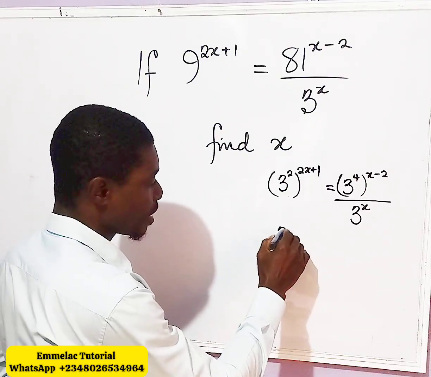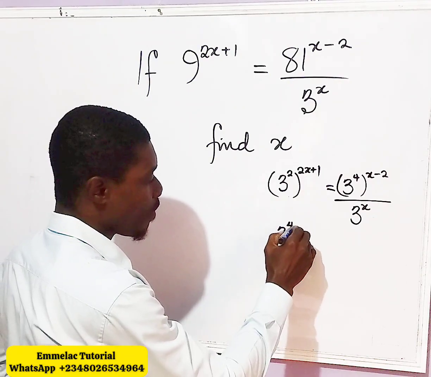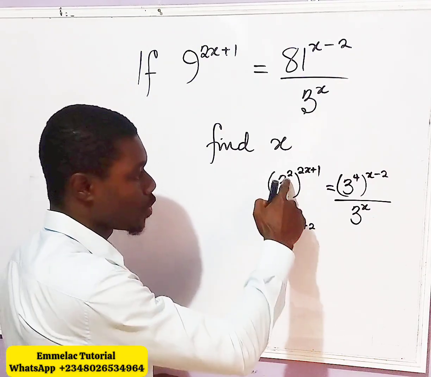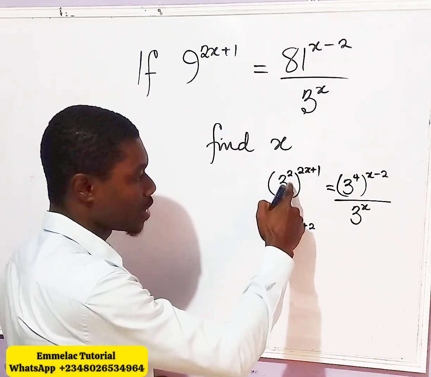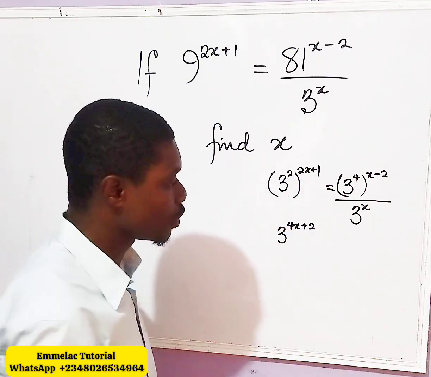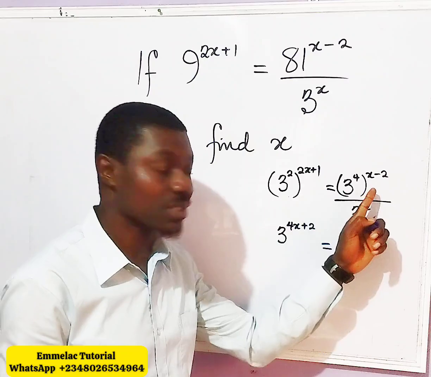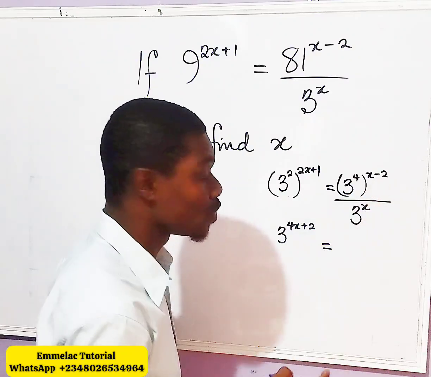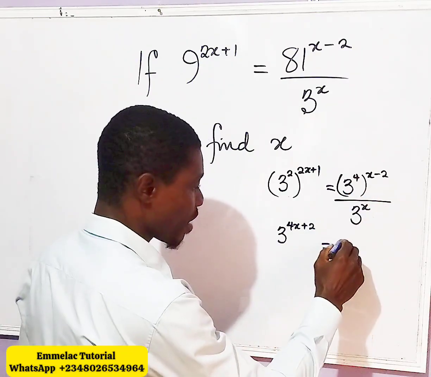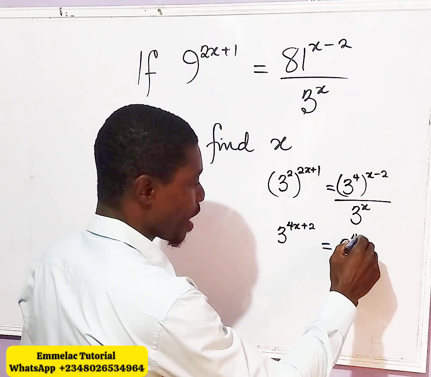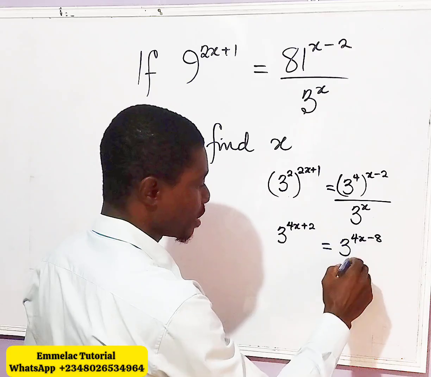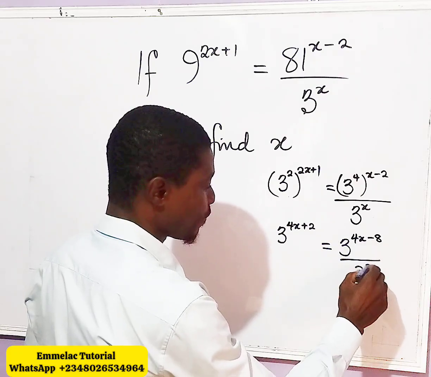Here we have 3 raised to 4x plus 2, because 2 times 2x will give us 4x and 2 times 1 will give us 2. So equals, in this case, 4 times x is 4x and 4 times 2 will give us 8. So here we have 3 raised to 4x minus 8, all over 3 raised to x.